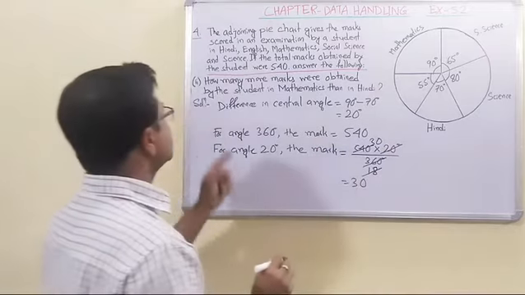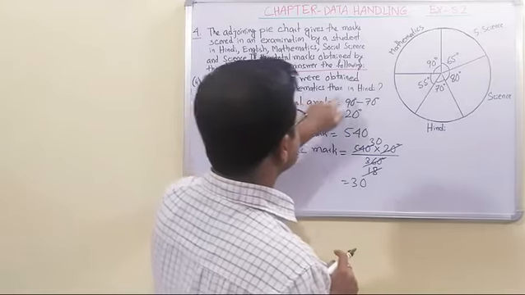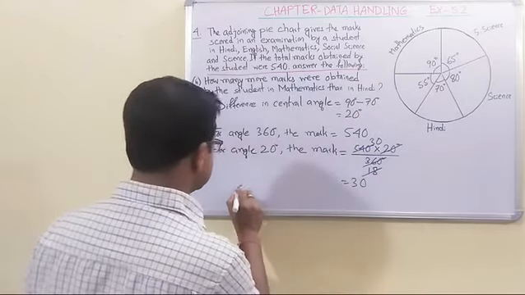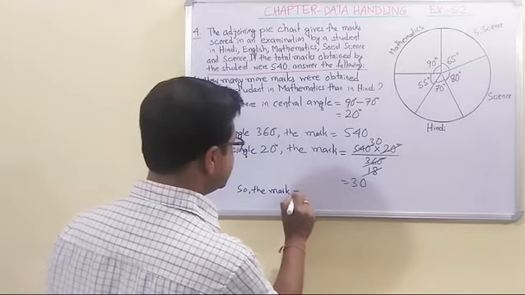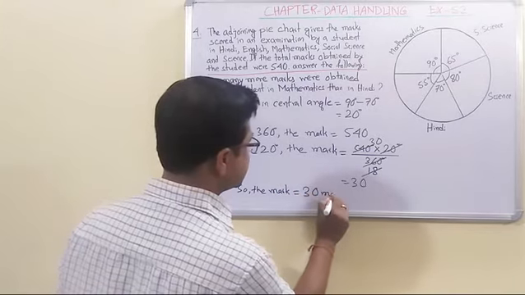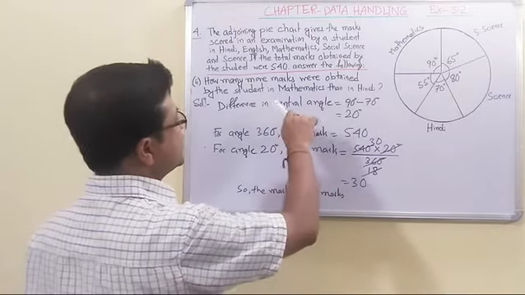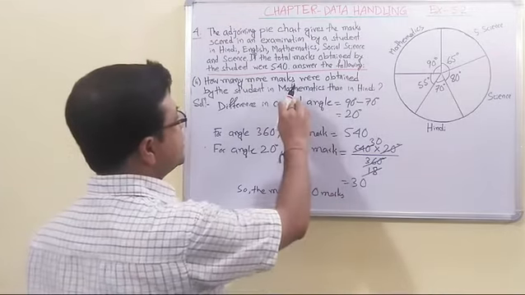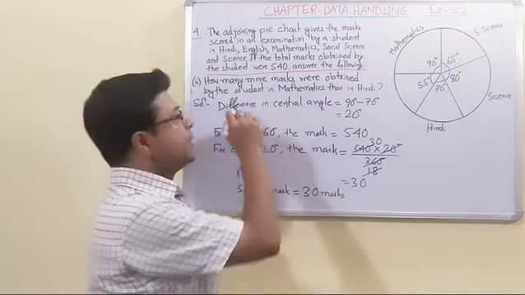So the question was, how many more marks were obtained by the student in mathematics than in Hindi? So the mark is equal to 30 marks. Okay, it means the student obtained 30 marks more in mathematics than in Hindi. Alright, now let us do the third part of it.